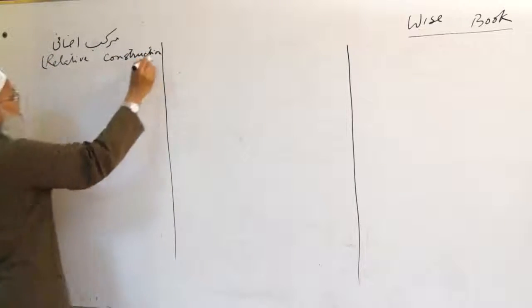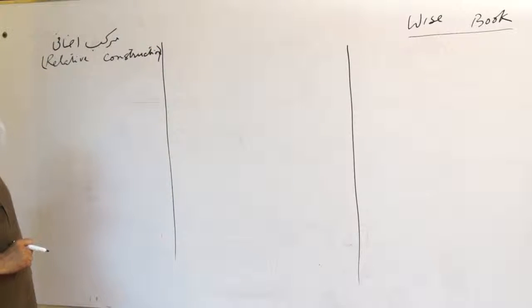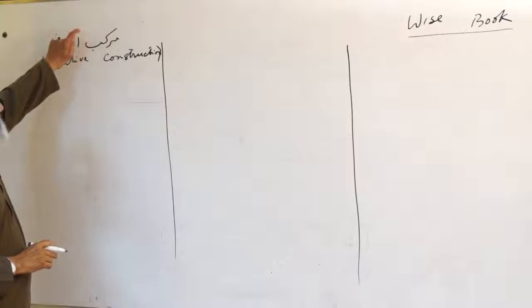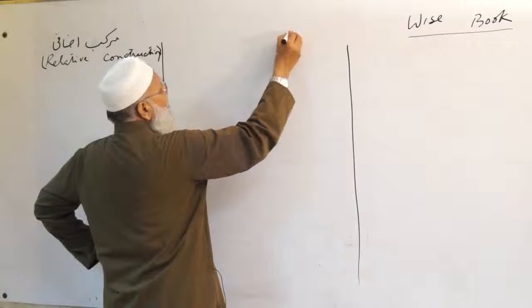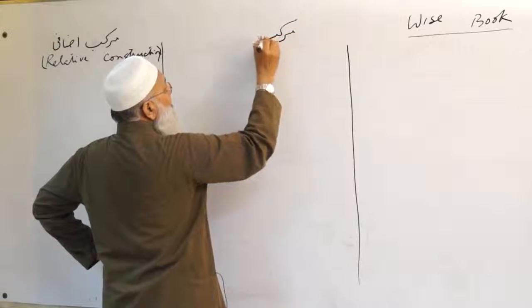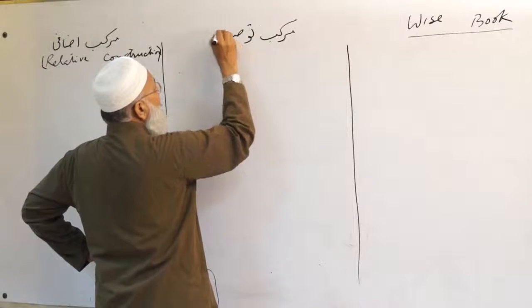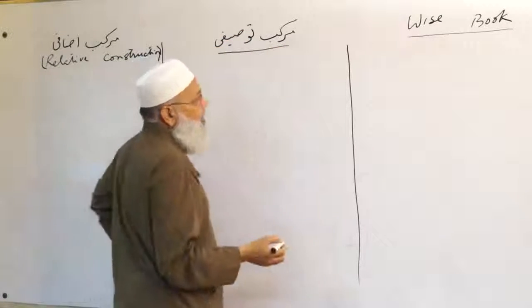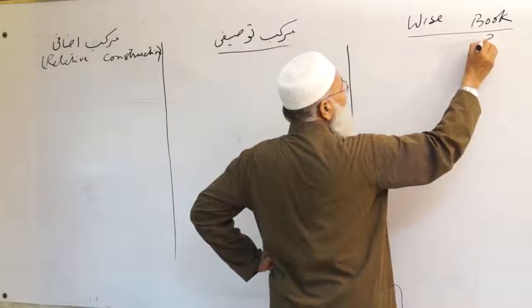To start with, we'll use the word relative construction, but inshallah, very soon we'll adopt this terminology. Then in the middle, we'll write murakkab tawsifi, qualifying construction, and then jumla ismiya.